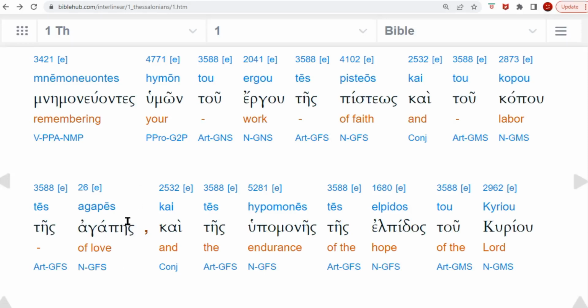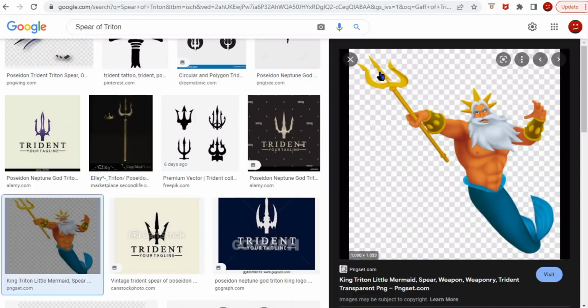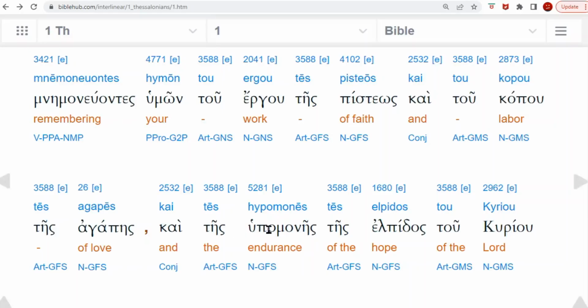You're holding your gaff. This is a gaff, this old spear of Triton. It's designed to grab your fish, your frog. And that's hypomonin, synonym of withits.